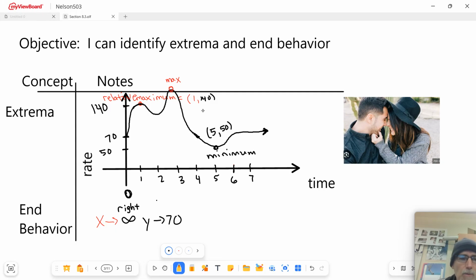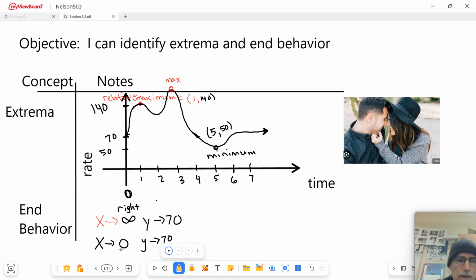Now, can we go to the left? Well, no, because it stops right here at day 0. So the end behavior on this graph would be as X goes to 0, the Y also approaches 70. Now, very rarely do you see this in beginning math, that they talk about end behavior, because they quite often don't have a domain restriction.